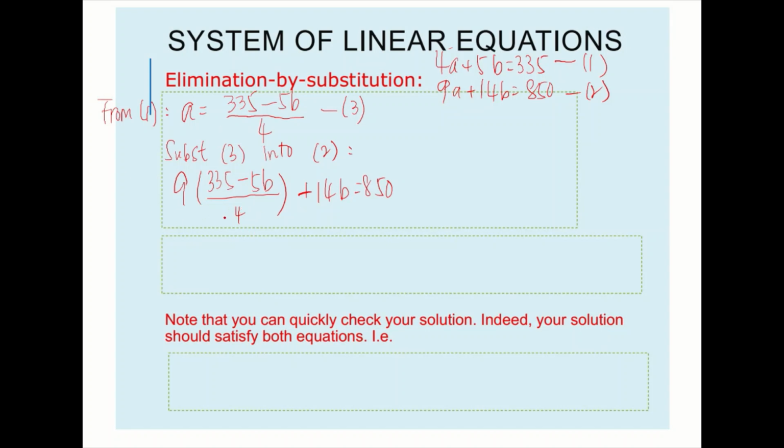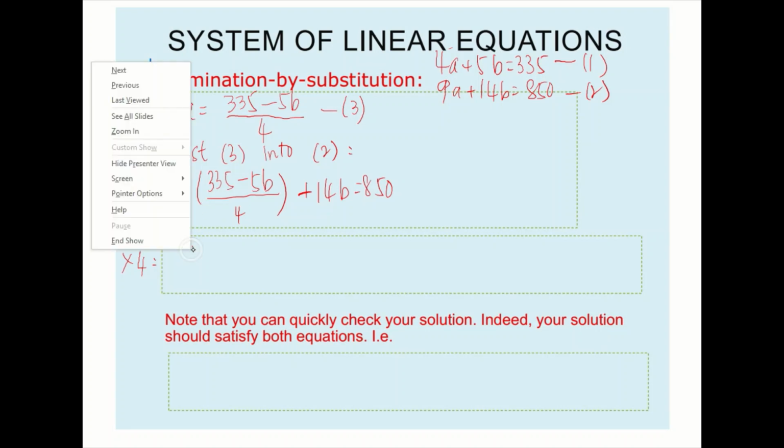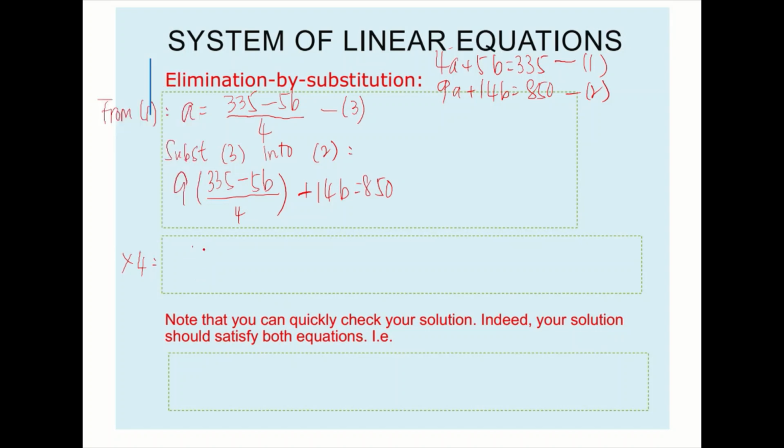Next, I'm going to simplify this equation. First, I want to take away the denominator. How to take away the denominator here? We multiply the entire equation by 4. We have 4 times 9 times (335 minus 5b), and when we multiply by 4 we cancel off this.